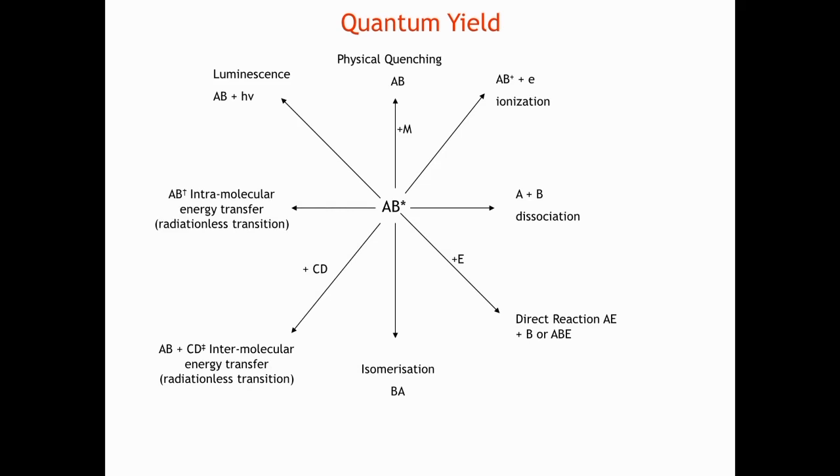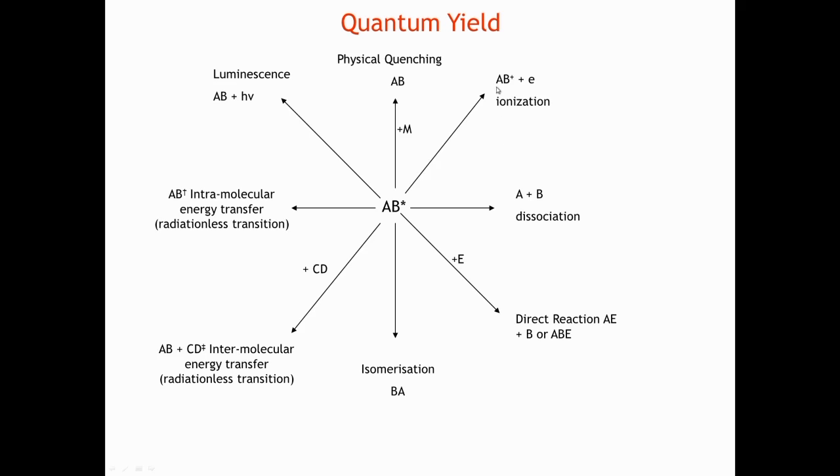And what we're considering when we're talking about photolysis is the dissociation. So if we're calculating the photolysis rate, we're only interested in this part here. The quantum yield that enters into the photolysis calculation is the quantum yield for dissociation.